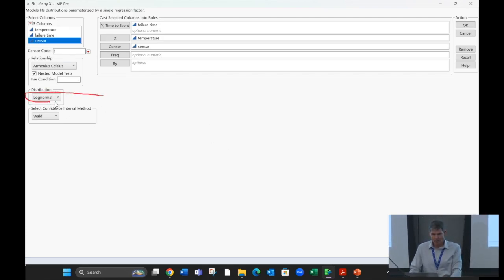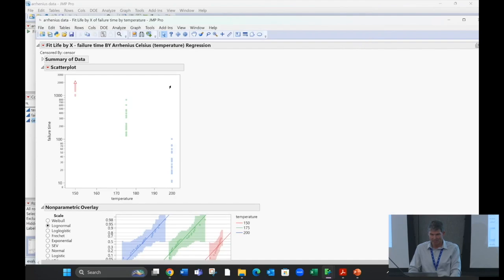We'll go ahead and use the lognormal distribution, and just for fun, we'll do likelihood. Did I ever say I like likelihood? And what we have is this plot right here, and I'm going to expand it so I can see 100.